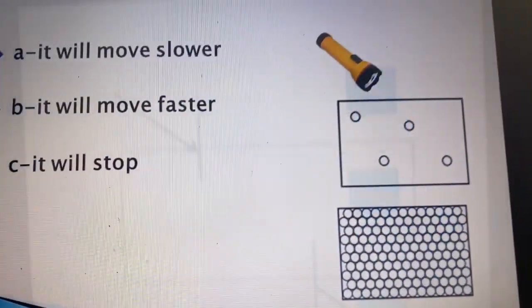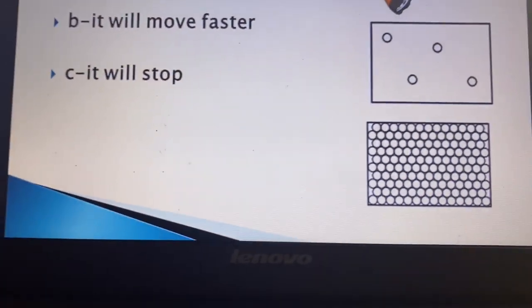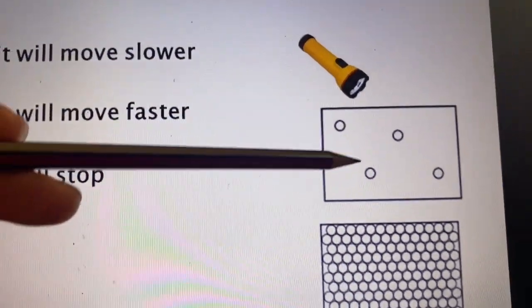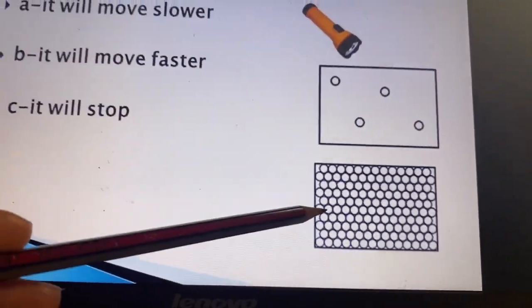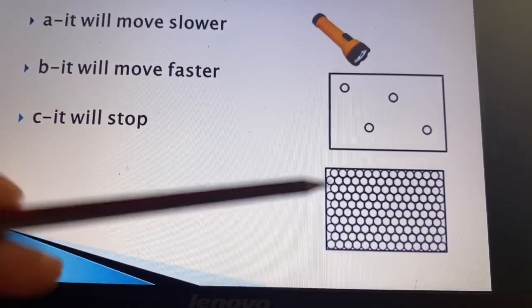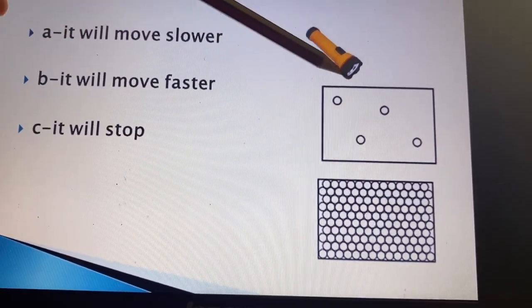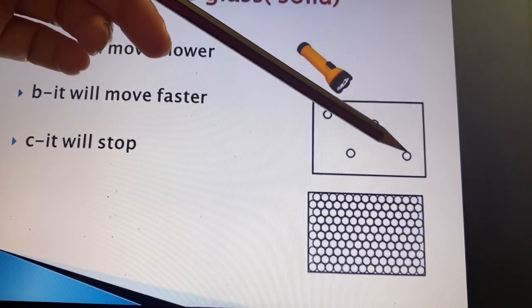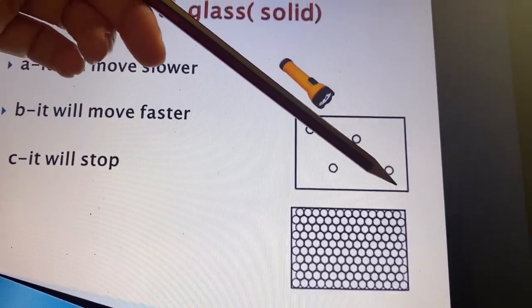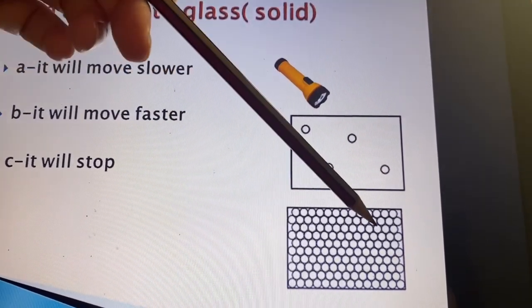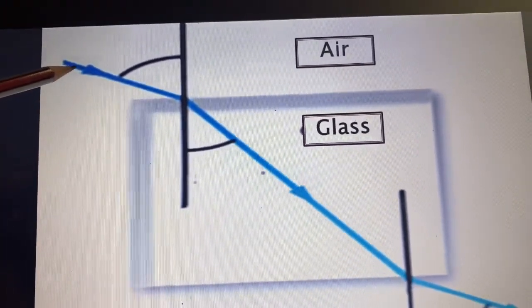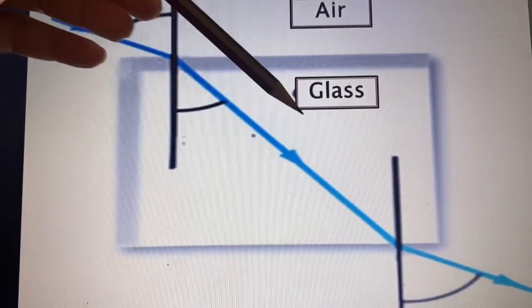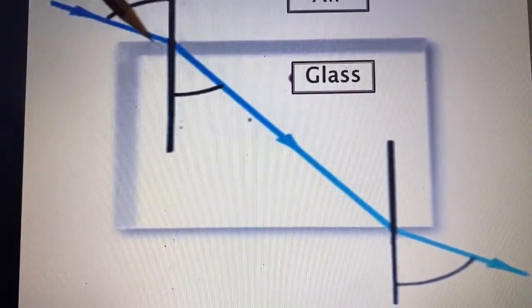Why is that? As you can see in the PowerPoint, in the air the particles are away from each other, and in the glass the particles are very close to each other. So when the light was moving fast through the air and enters the glass, it starts to move slower. That's why when the light moves from air to glass, it moves near the normal.